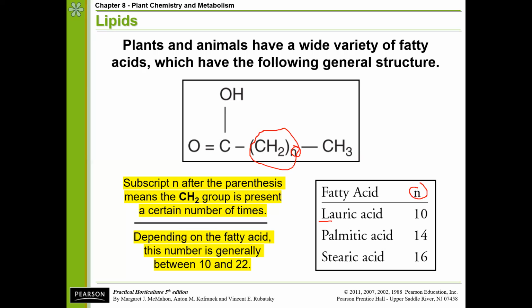So lauric acid has 10, palmitic acid has 14, stearic acid has 16. There are many more of these fatty acids out there, but just to give you an example of how that structure is.